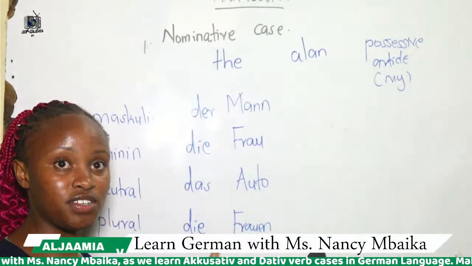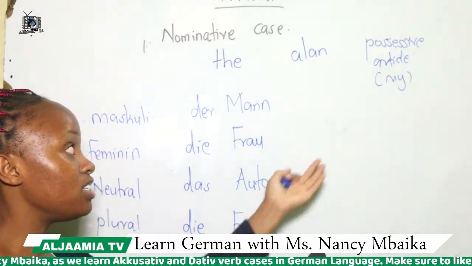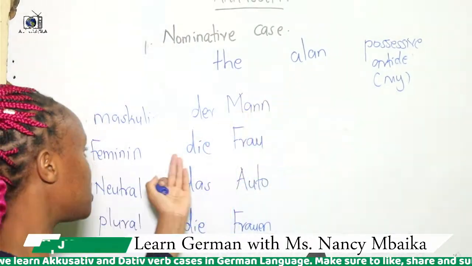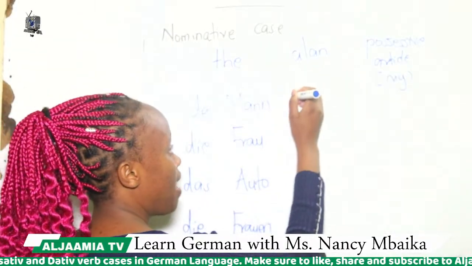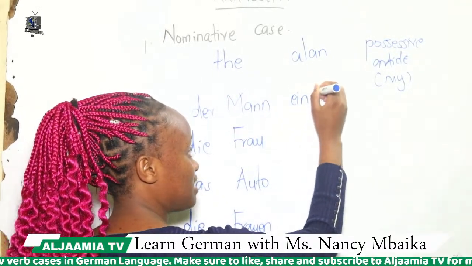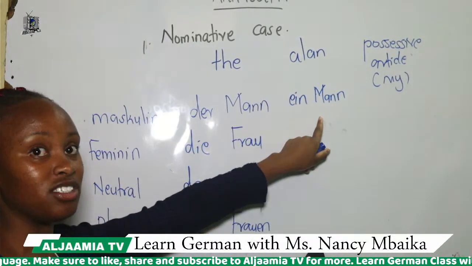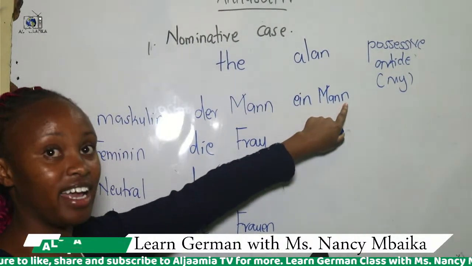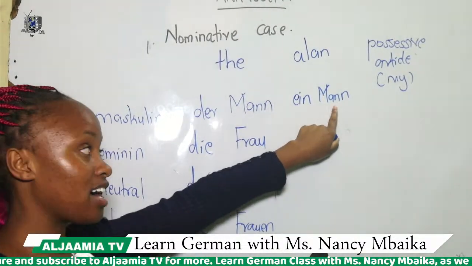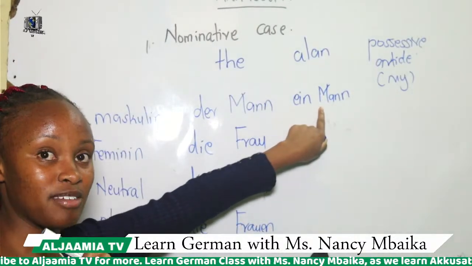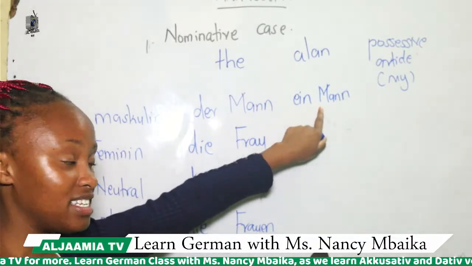So still we're going to use the same nouns, but now using a or an. So I'm going to say ein Mann. That one is in German, ein Mann. Please note that every noun in German must start with a capital letter, regardless of the position it holds in a sentence.